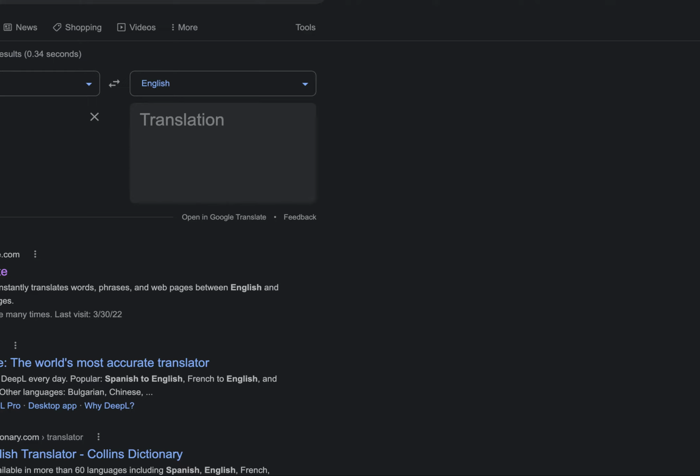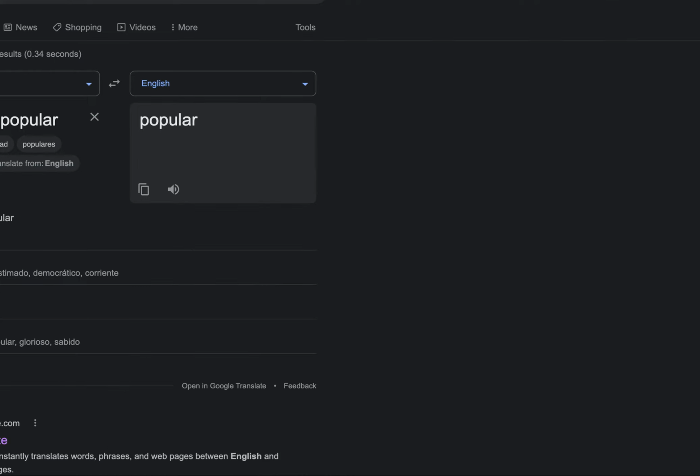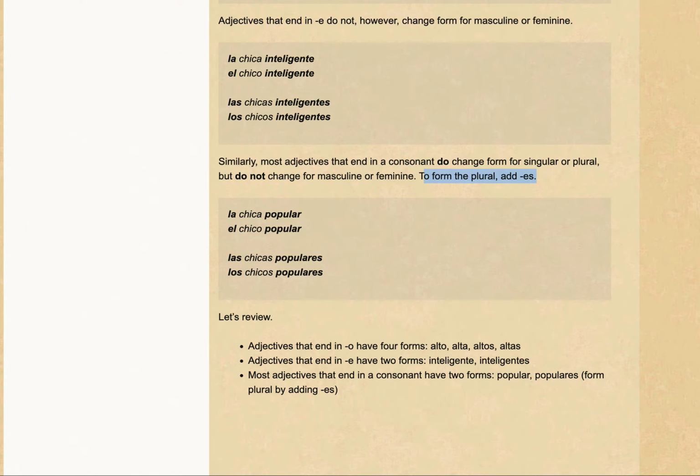Okay, and typing in the word here. Popular. Okay, all right. So it's the same. So it's popular, popular. So la chica popular, el chico popular. Okay, so these are singular feminine and singular masculine, respectively.